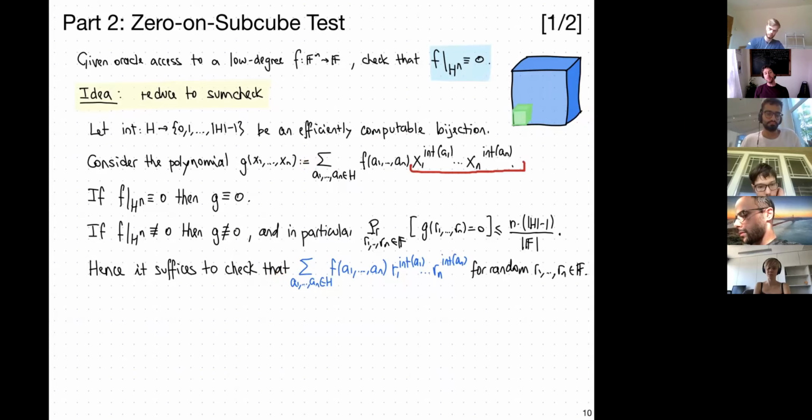And we know that the sum check protocol is a reduction: if we want to check the sum, we interact with the prover, and then it suffices to check the value of this function at a single random point. So this is what sum check is giving us. I want to check that the sum of G is zero, and after I interact with the prover, at the end I just evaluate G at a random point.